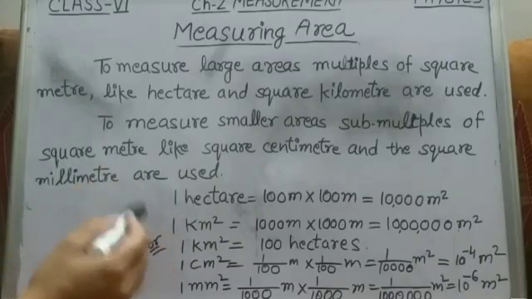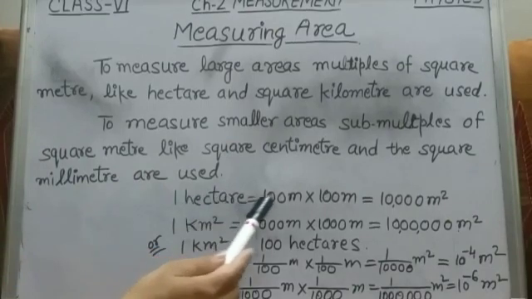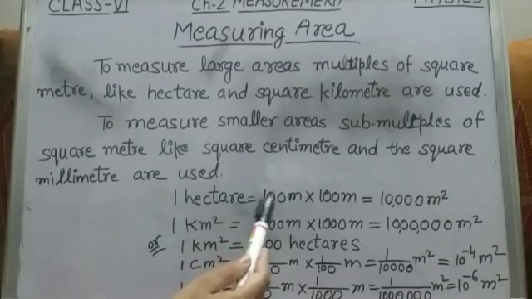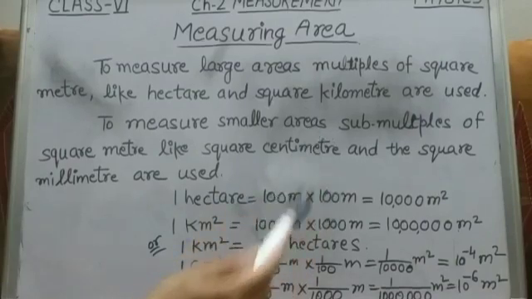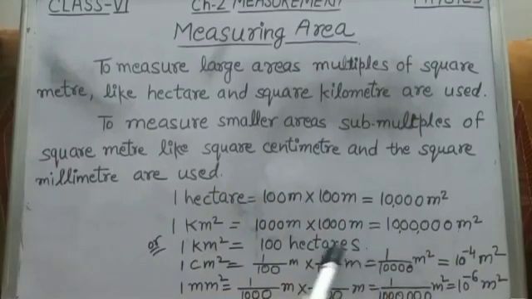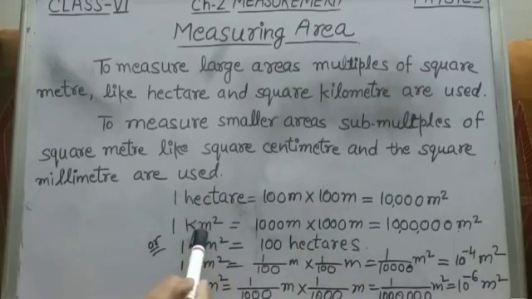Now the relationship between these: 1 hectare, hectare means 100. So 1 hectare is equal to 100 meter into 100 meter. It will become 10,000 square meter. So 1 hectare is equal to 10,000 square meter. Now 1 square kilometer.